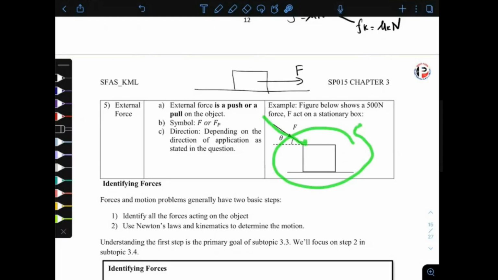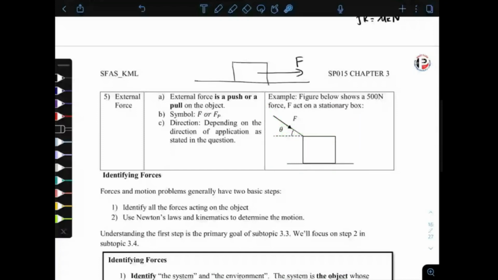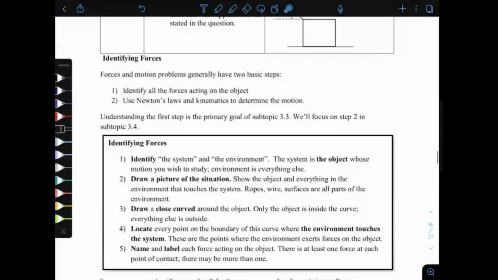Okay. So we have total of 5 forces: weight, tension, normal, friction, external force. So setiap kali kita nak jawab soalan, you have to identify the forces acting on the object.